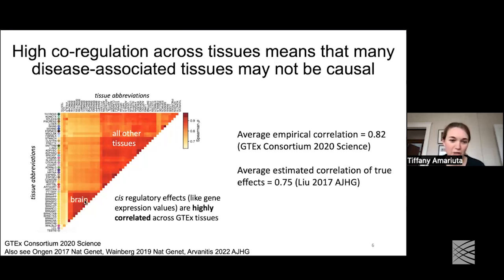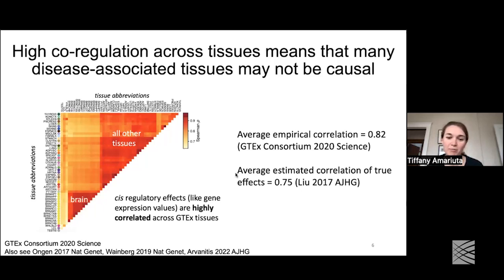And of course, within modules of physiologically similar tissues, such as brain tissues, we see even higher correlation, which is unsurprising. And so if we were to compare, for example, the empirical correlation, which would be the correlation of the estimated eQTL effects, this is a very high correlation of 0.82.